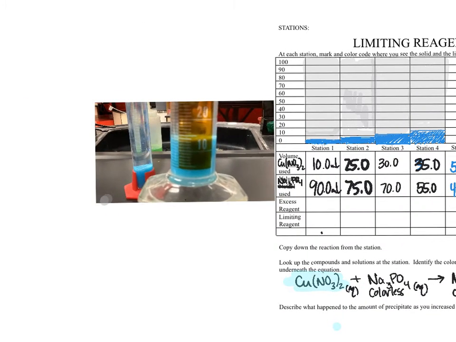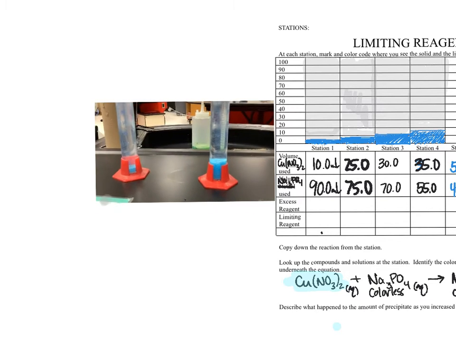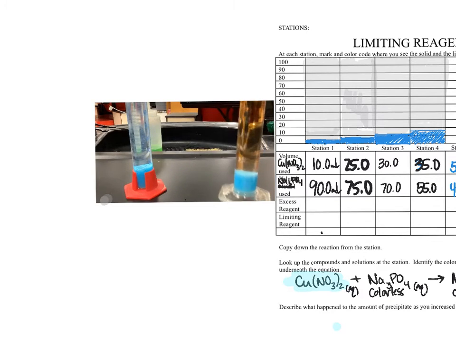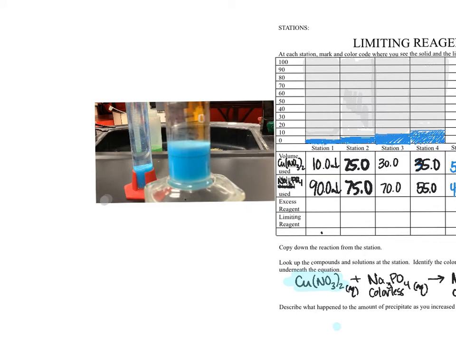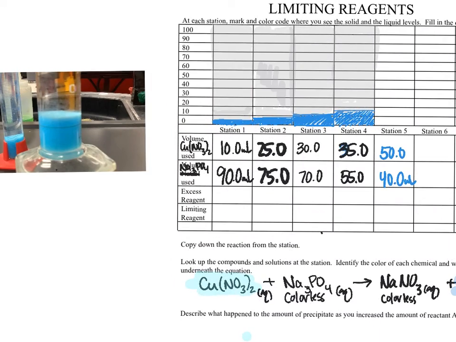Oh, there's our volume. Station 5. It was 40 and 60 milliliters.